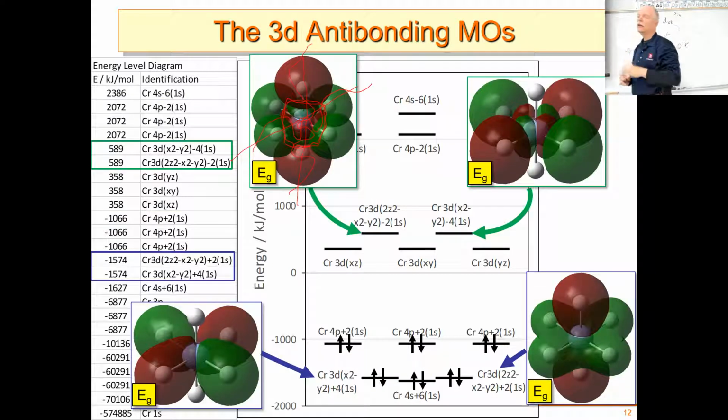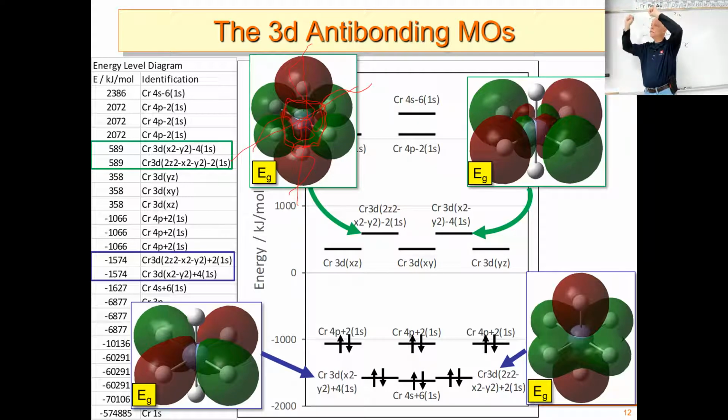Yes? Why did d get squished and not the 1s at hydrogen? I don't know, actually. These are the pictures that come out of Gaussian. I would not have squished it that much if I was just drawing these. What Gaussian is doing is it's putting electrons in these orbitals and minimizing the energy of that orbital. Even though it's an antibonding orbital, it's minimizing the energies of those orbitals.